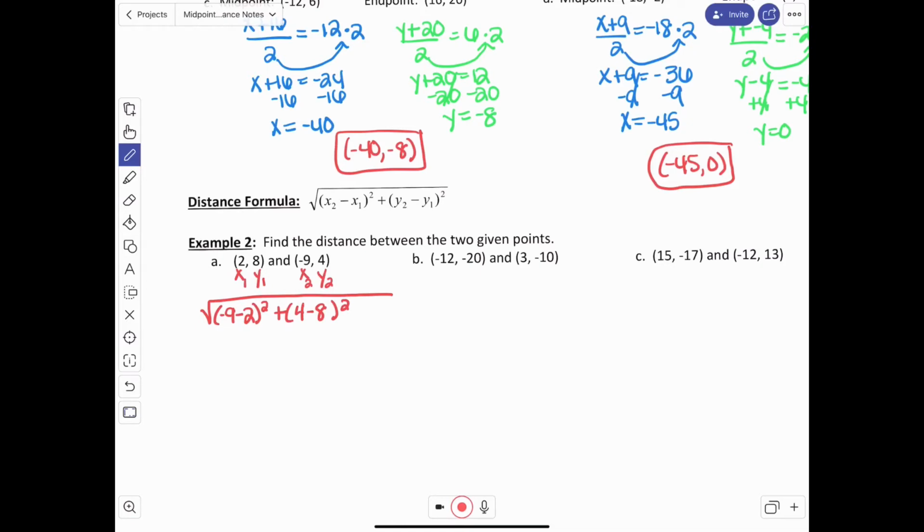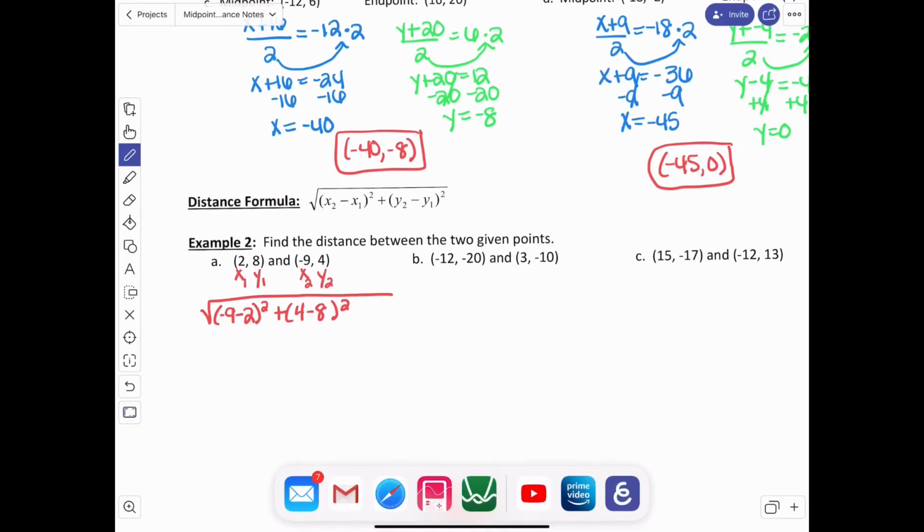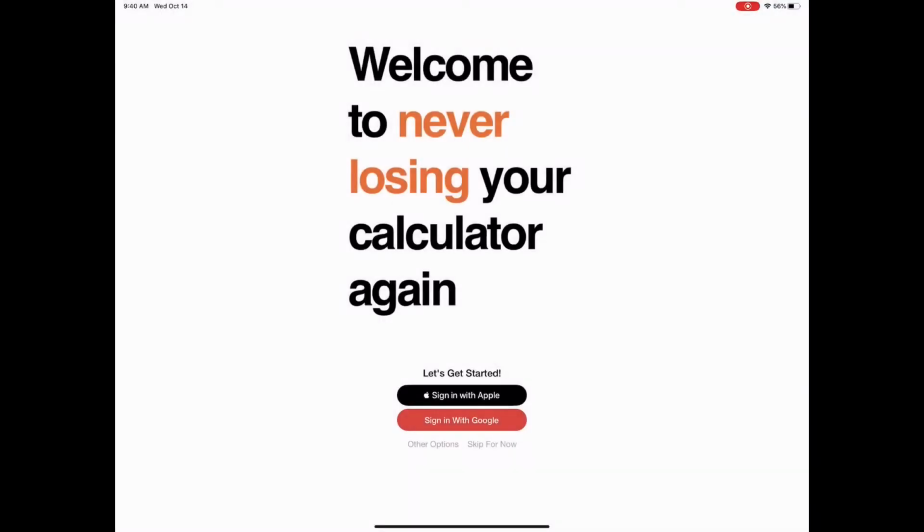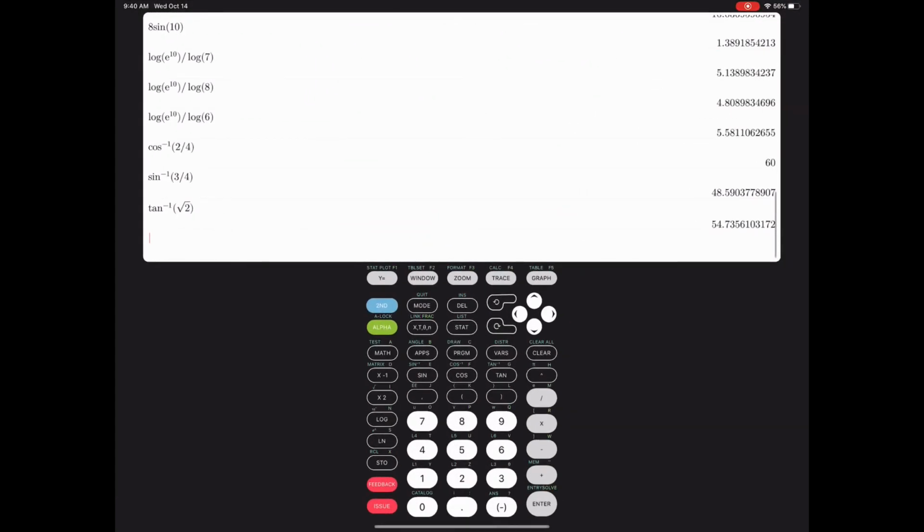Now, I'm going to type that into my calculator. So -9 minus 2 squared. Let's clear that out. Okay, so we go to our square root. Hit second and then the x squared key. Put that in parentheses.